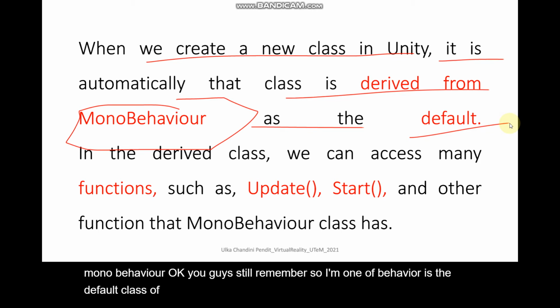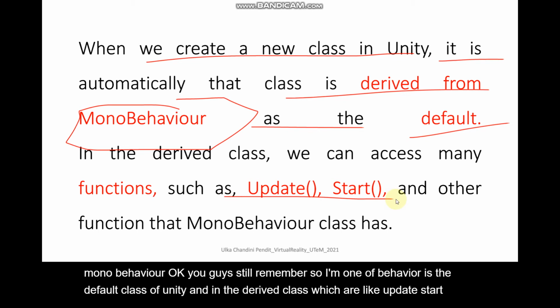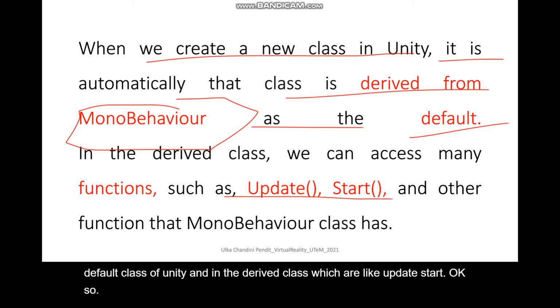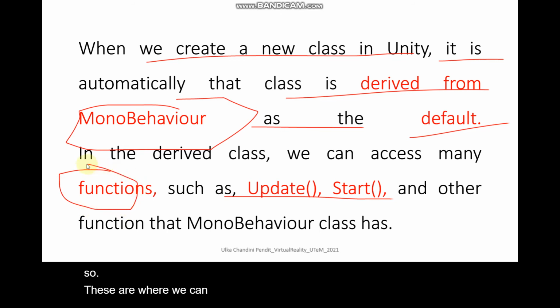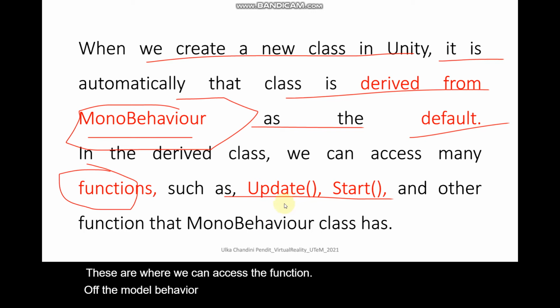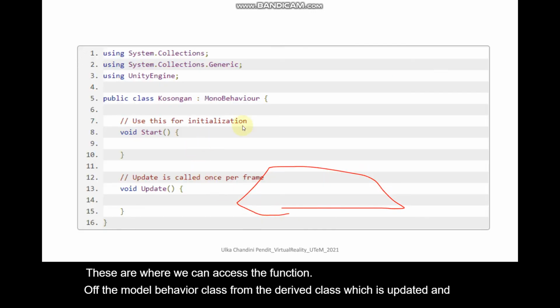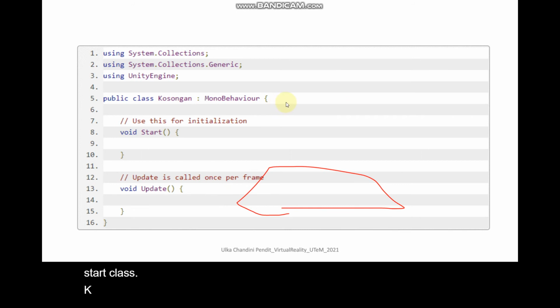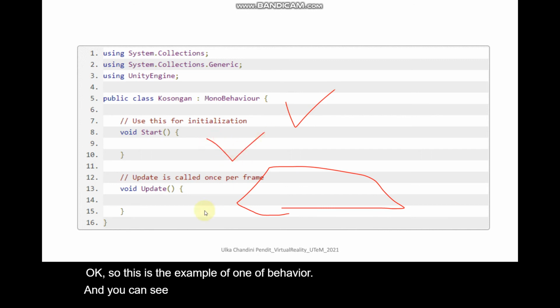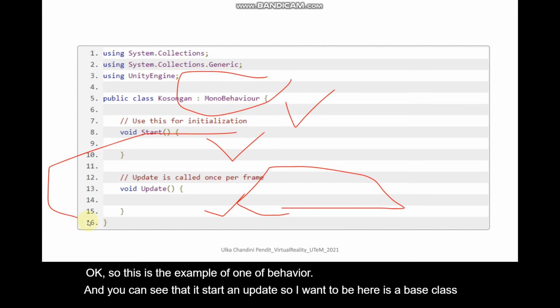In the derived class, like Update and Start, these are where we can access the functions of the MonoBehaviour class from the derived class. So this is an example of MonoBehaviour, and you can see that it has Start and Update. MonoBehaviour is a base class, and Start and Update are in the derived class.